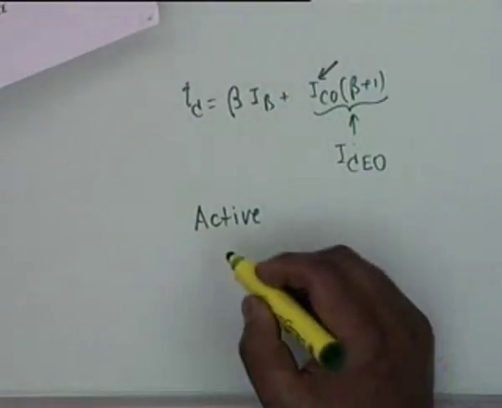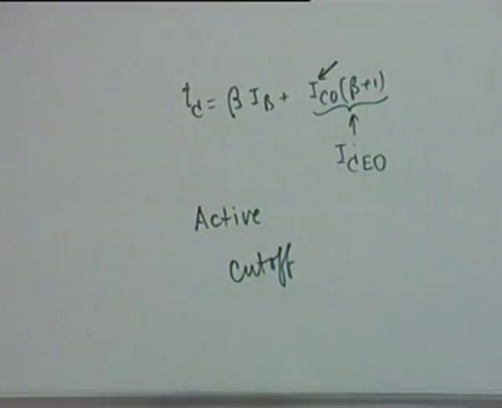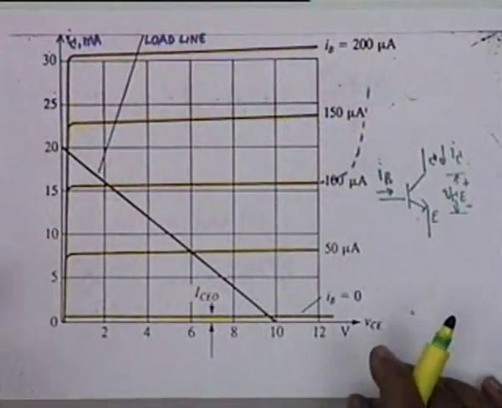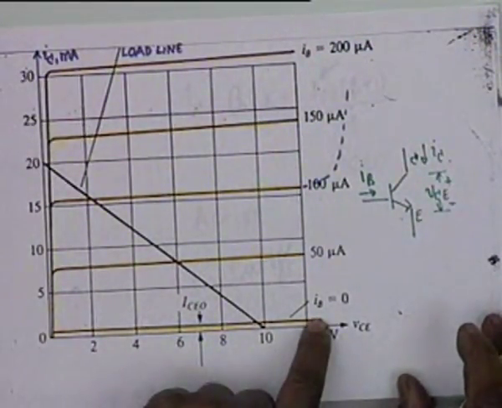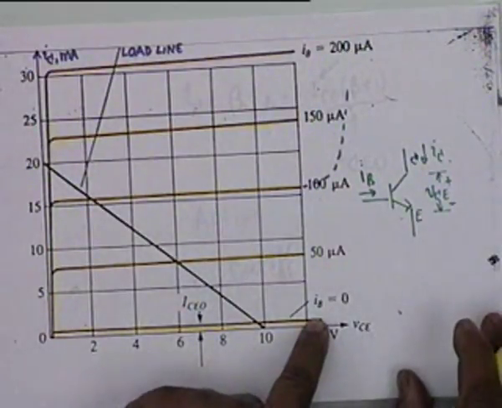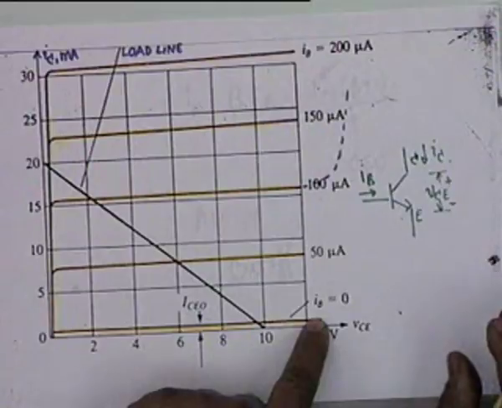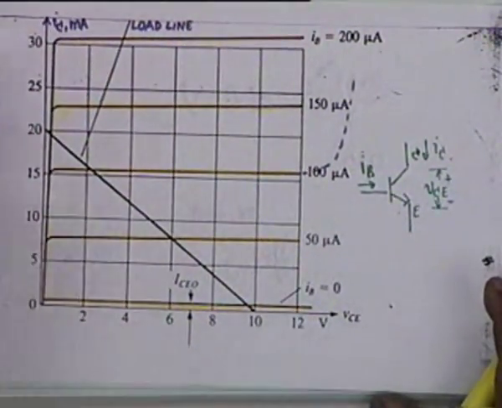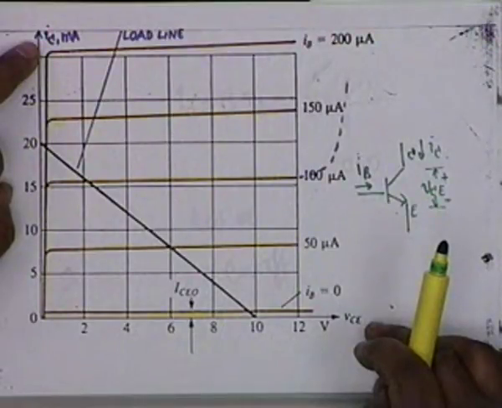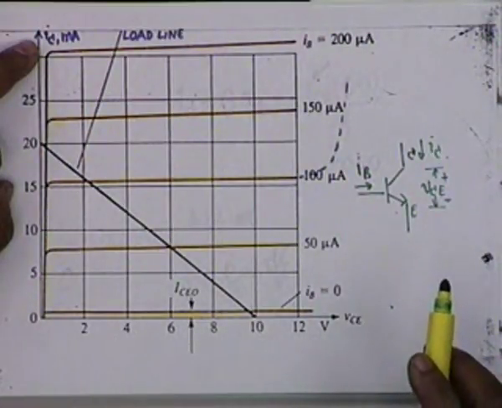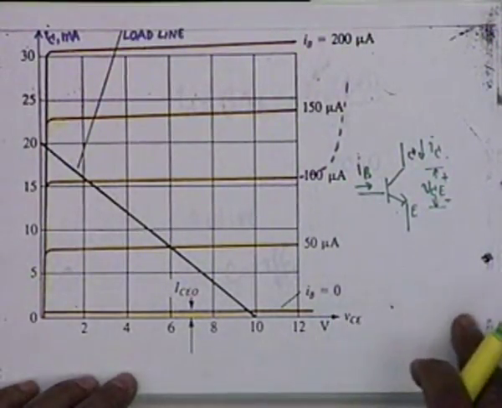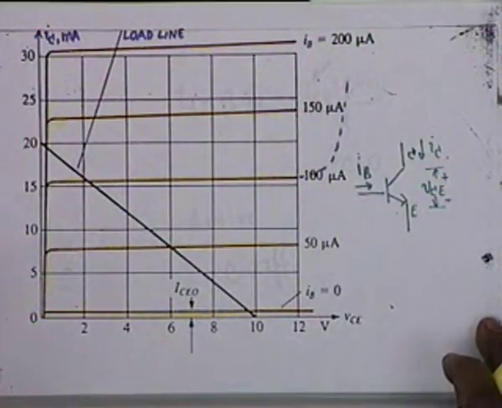So I have defined an active region and a cutoff region. Obviously the active region is bounded by this line and this line. Is there a third bound? The third bound comes because, if you remember, in IC versus VCE, the collector base junction is also a junction diode which is reverse biased, and VCE is a reverse bias, and therefore I cannot continue to increase VCE without destroying the device.